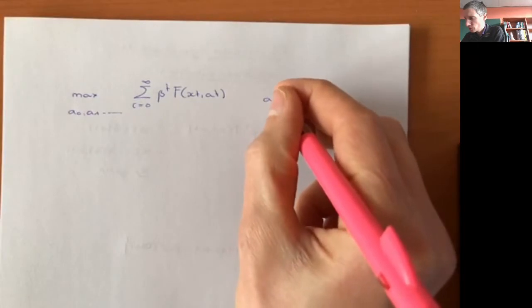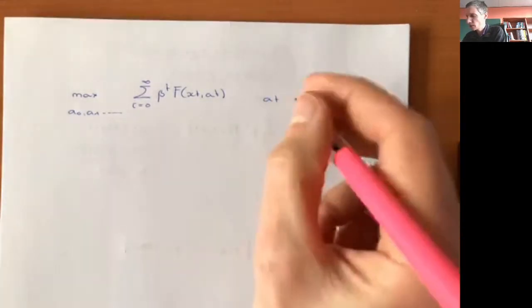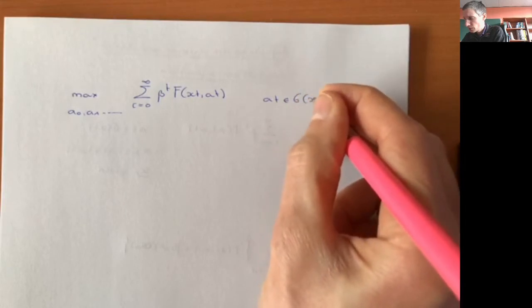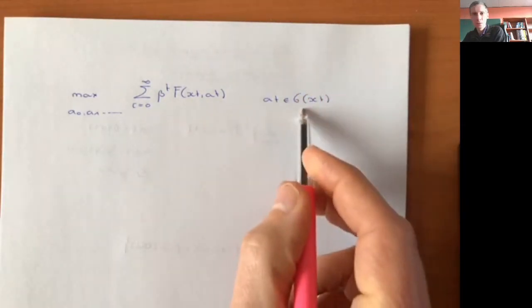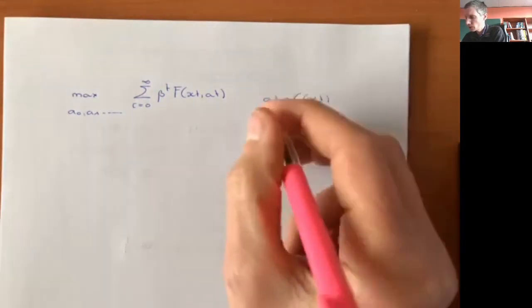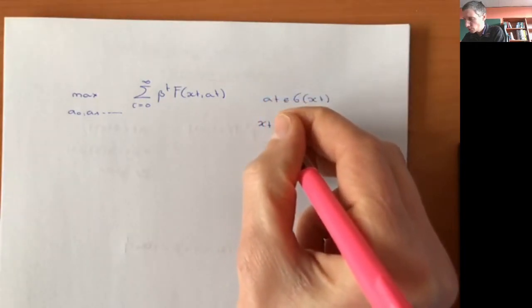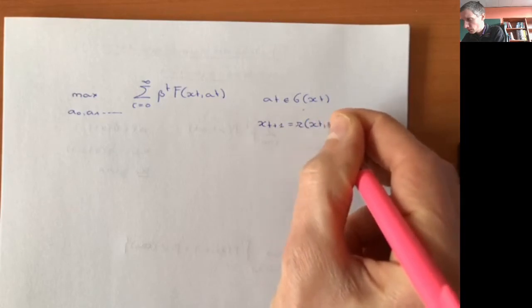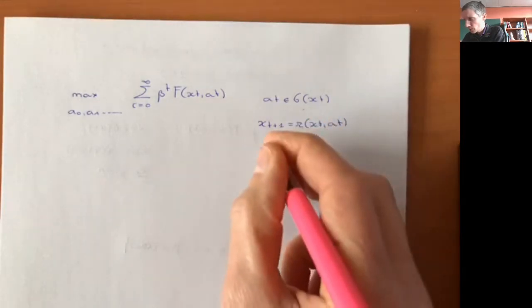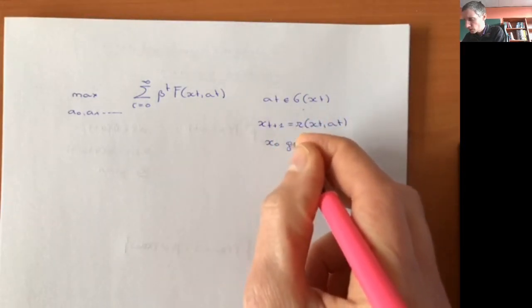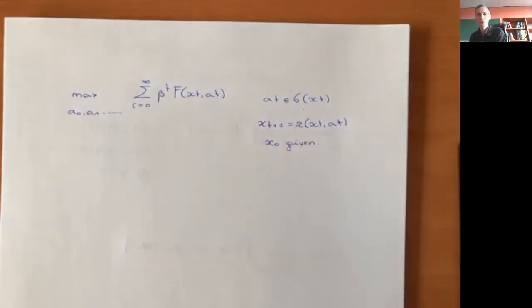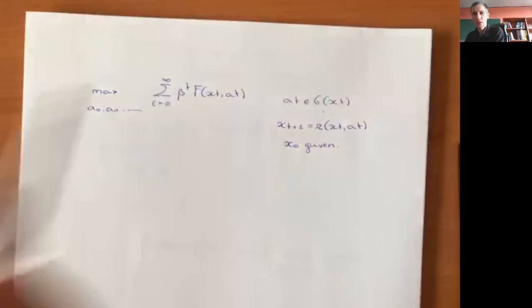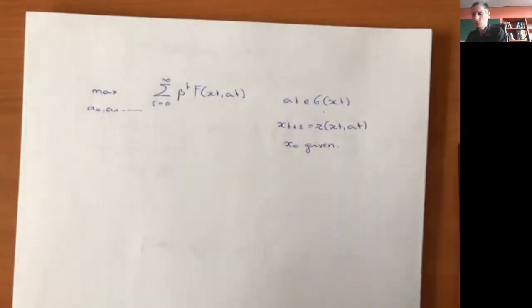First of all, the action that you can take should be in G(xt), so this gives you the feasible set of actions to take at period t. And then you had a law of motion that said that xt+1 is some function r of xt and at, and the initial state x0 is given. Okay, so this is our infinite horizon discrete time dynamic optimization problem.